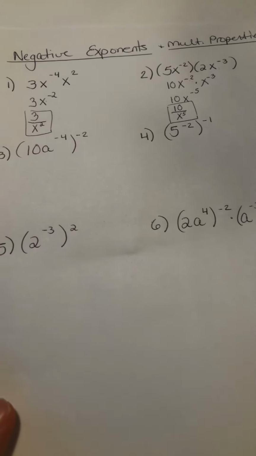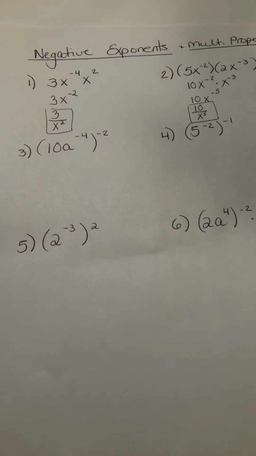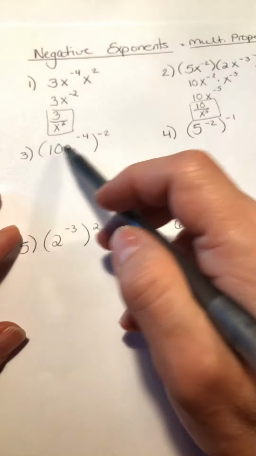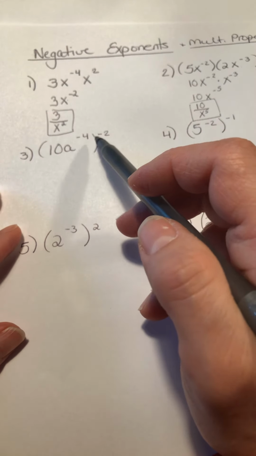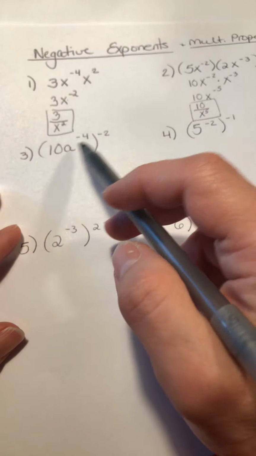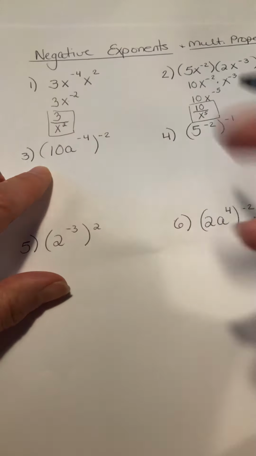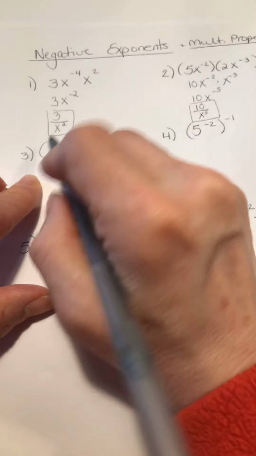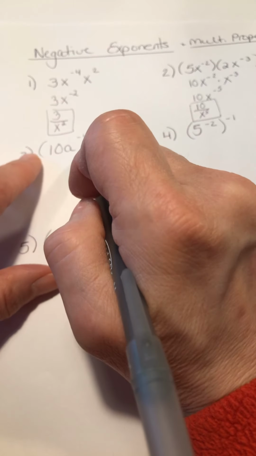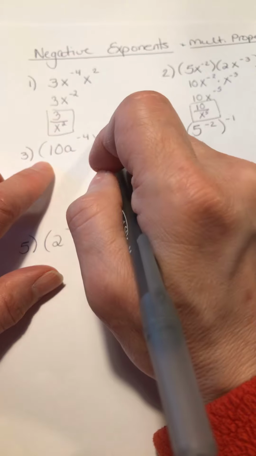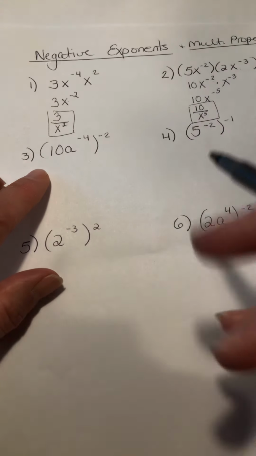Now in number 3, the property is used a little bit differently because we are raising a product to a power here. So when we raise a product to a power, we keep the base and we multiply the exponents. So one of the things to remember is that everything in this set of parentheses gets raised to the negative 2nd power.